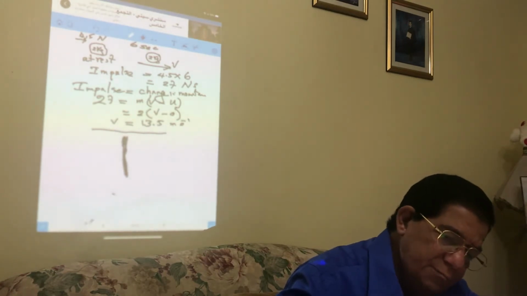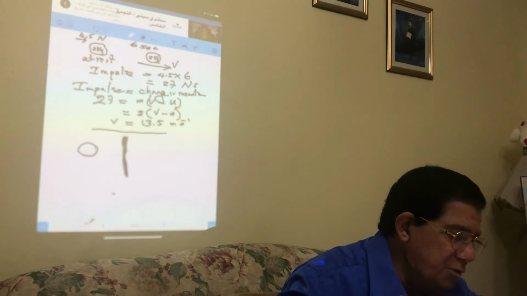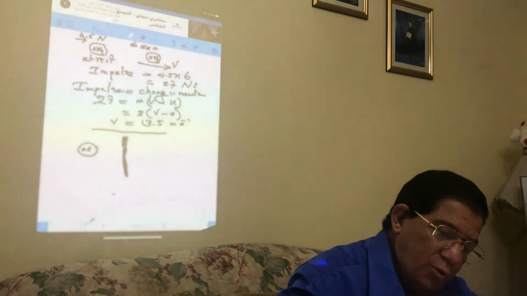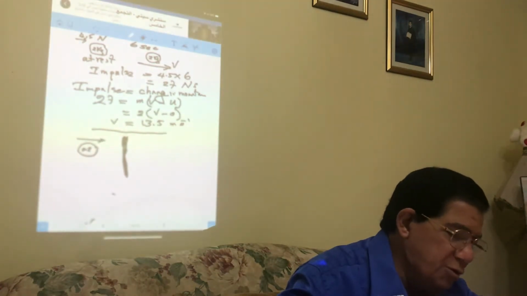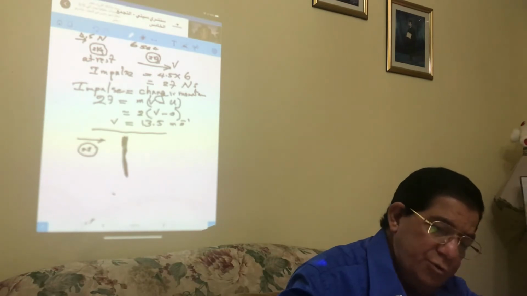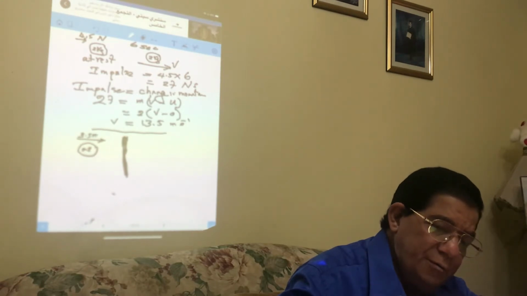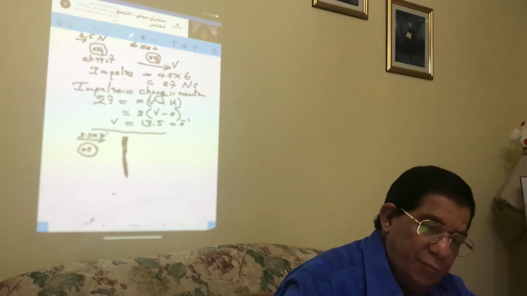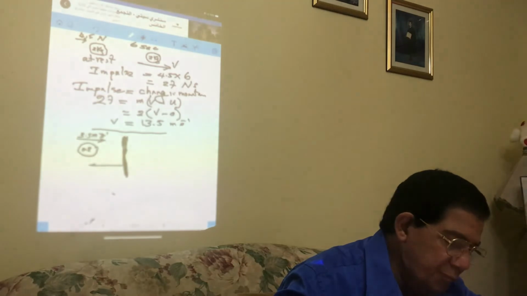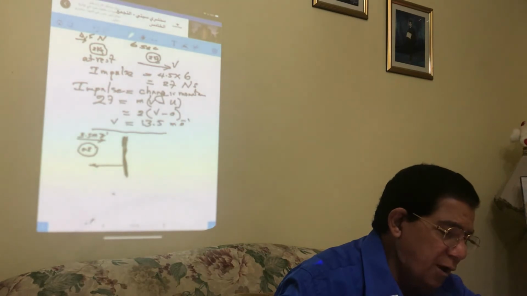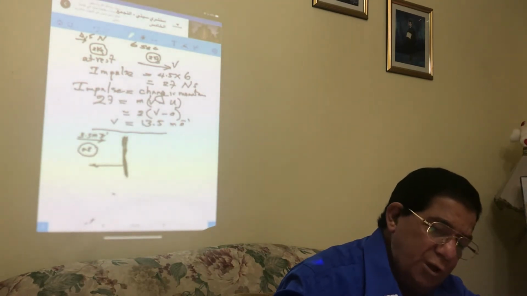A ball of mass 0.2 kilograms was moving toward the wall with a velocity of 3.5 meter per second. When the ball hit the wall, it's going to bounce back with a velocity. The diagram shows it bounces back with a velocity 2.5 meter per second.